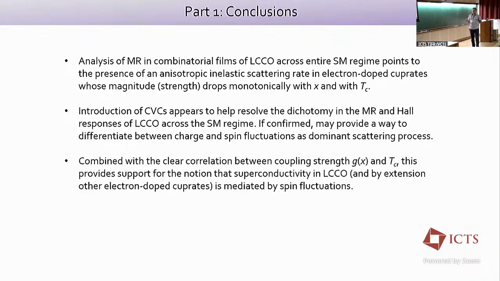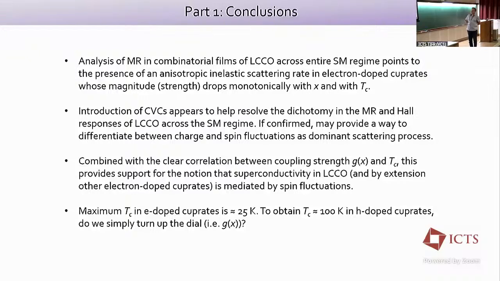And then combined with this clear correlation between the strength of this coupling, which is also linked to the T-linear resistivity, it would suggest indeed that these low energy spin fluctuations are related to the superconducting transition.